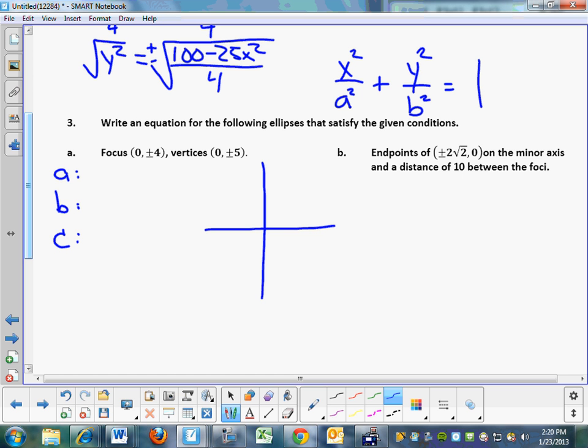If I were to sketch a graph of this, (0, -5) and (0, 5) are the vertices, and (0, 4) and (0, -4) are the foci. So you tell me, is this ellipse stretched vertically or horizontally? It's stretched more vertically. How do you know that?